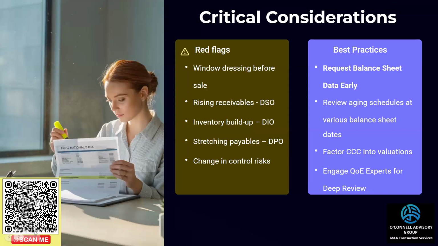If the days inventory outstanding is constantly increasing, what you should think about is, are there old unsaleable inventories in the balance sheet? Let us say in terms of a fashion, clothing company, by the time they reach winter, they should not have summer collection in their inventory.